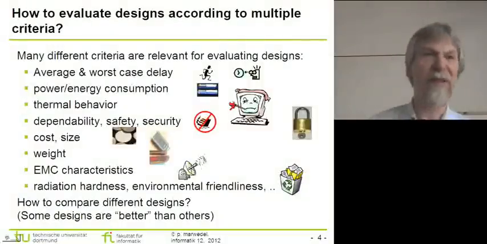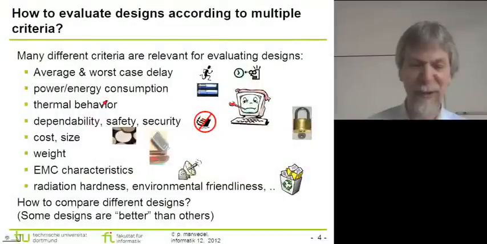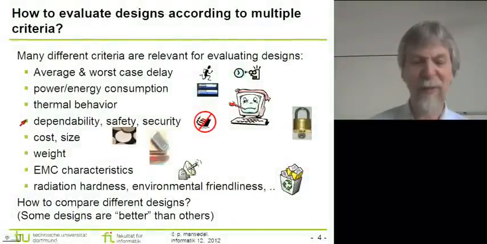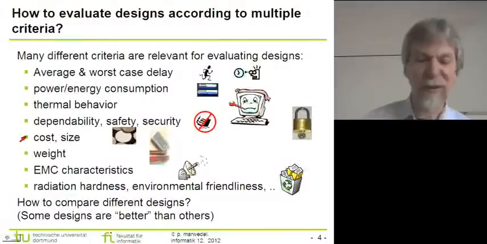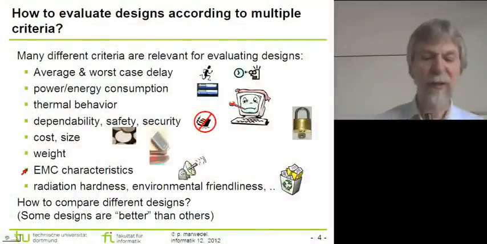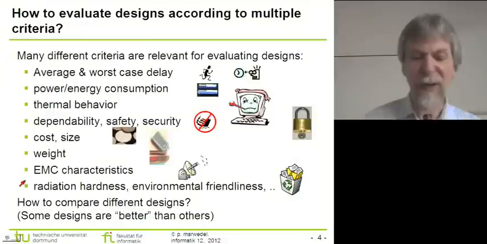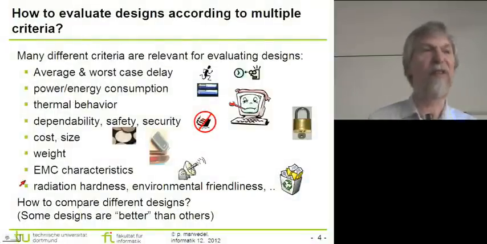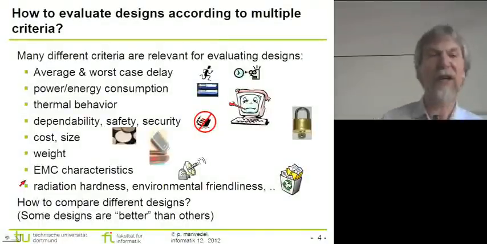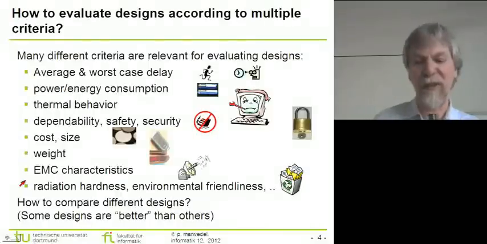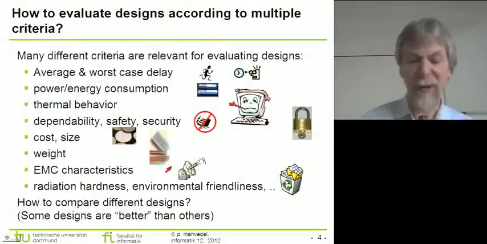I hope you like this graphics there. I think it's a very good indication of problems with too hot computers. We have to care about dependability, safety, security. We have to care about the cost and the size, the weight, electromagnetic compatibility, radiation hardness, environmental friendliness, etc. So we have this huge set of different objectives, and the fact that the set is very large can also be seen from the slide, because we have these many graphical symbols there that represent all the different objectives.